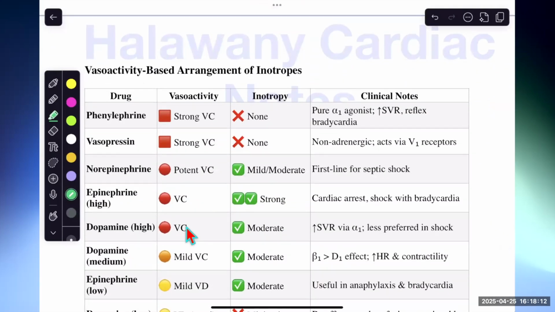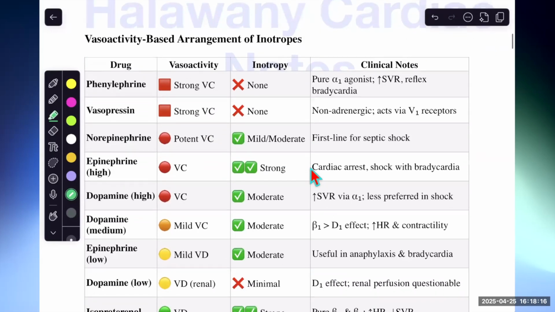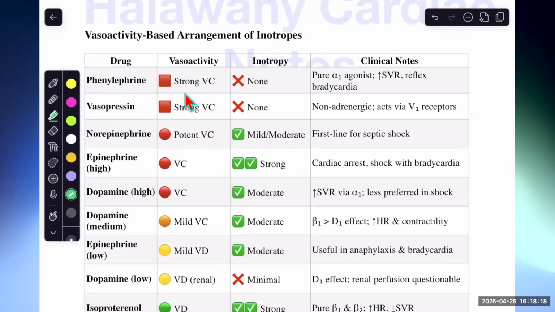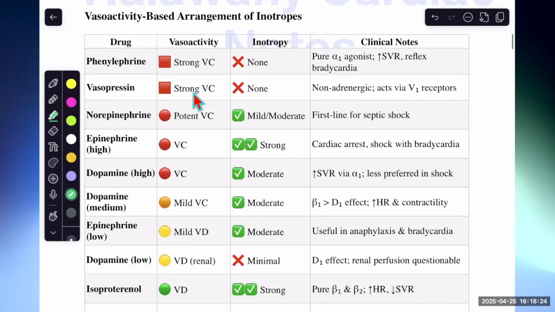The other thing I want to share with you here is a very nice arrangement. I have arranged all these drugs by their vasoconstriction ability. As you see, phenylephrine and vasopressin are very potent, even stronger than noradrenaline, but they don't have any effect on the heart, while noradrenaline might have a mild effect.